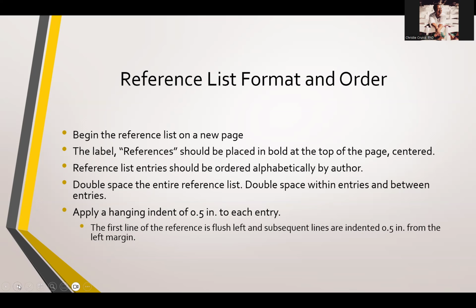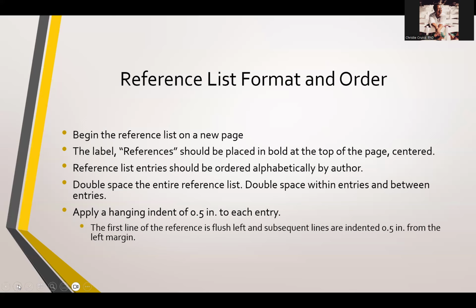You want to apply a hanging indent of 0.5 inch to each entry. The first line of the reference is flush to the left, and subsequent lines are indented 0.5 inch from the left margin. This is a big thing for when I'm editing.